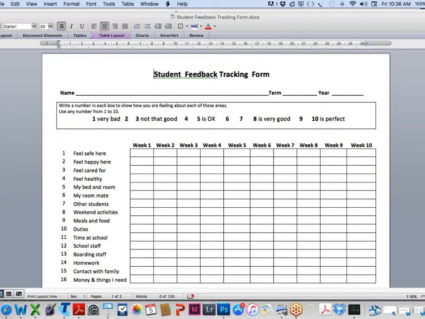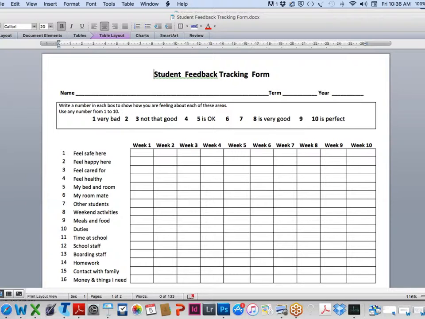So we do this each week. We sit down with each of the students in our little group and we ask them how they're feeling, and they choose a number and put it in the chart, and it gives us a guide as to how things are going, how the young person is coping in all the different areas, where the strengths are and where maybe there are areas that need more attention.